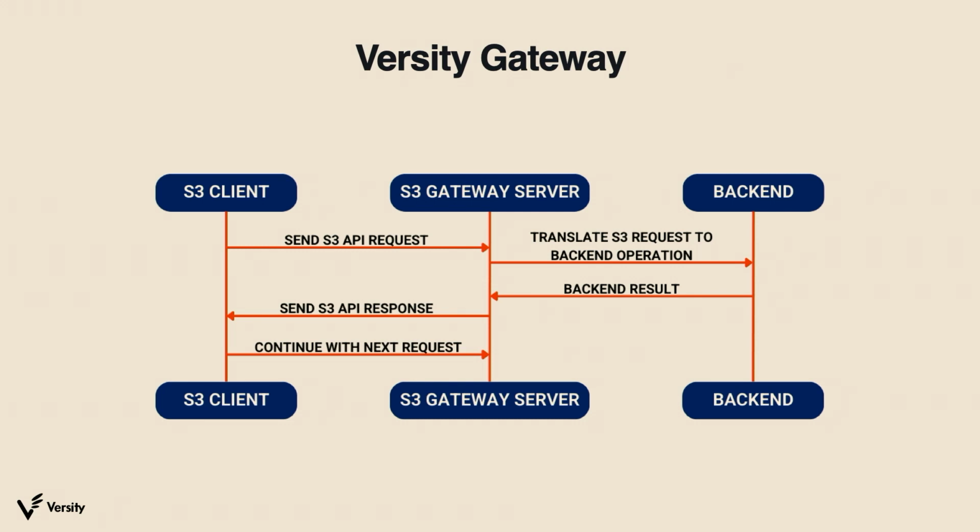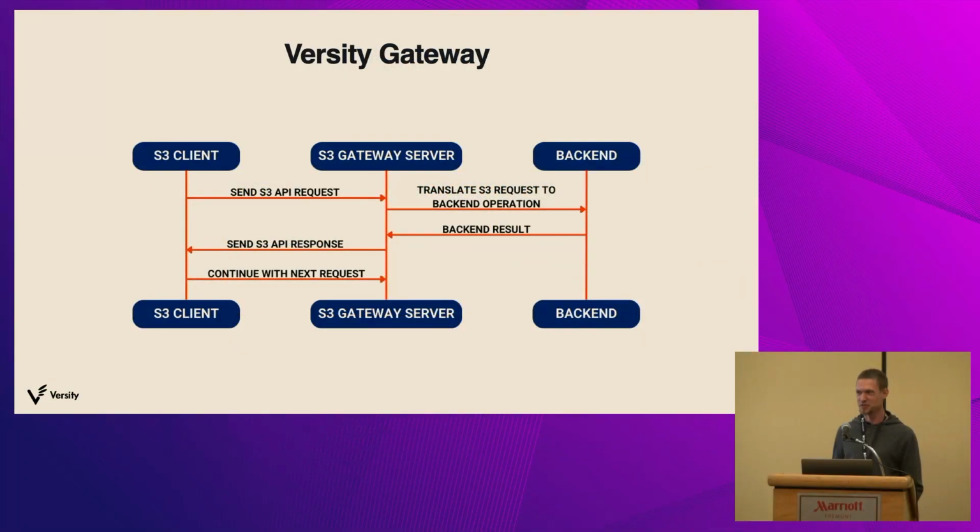And so it looks like just calling a function with some arguments there that's a little bit easier to deal with for the backend developers, so that they don't have to worry about all of the S3 protocol specifics there. The backend system is just handed a simple struct with here's all the information that you'll need in order to complete this request. And then the backend result is handed back to the gateway, and that's encoded into the expected encoding, which is typically XML encoding for the client responses.